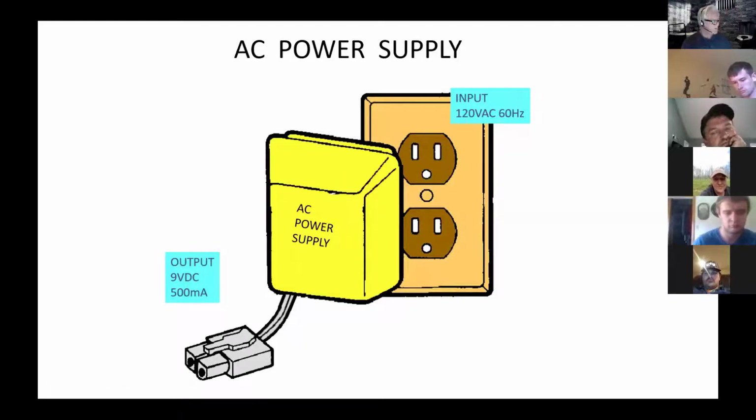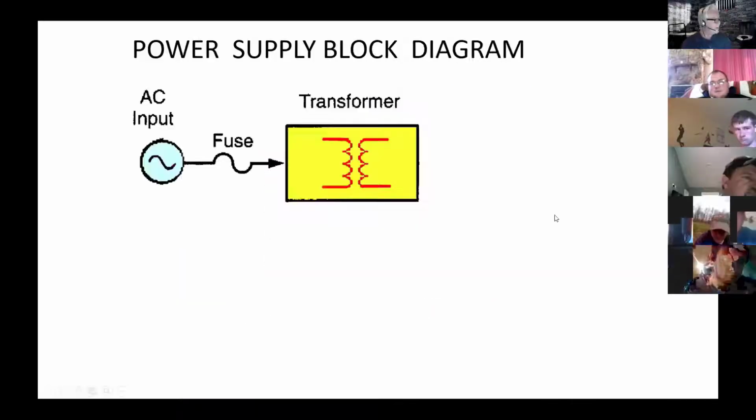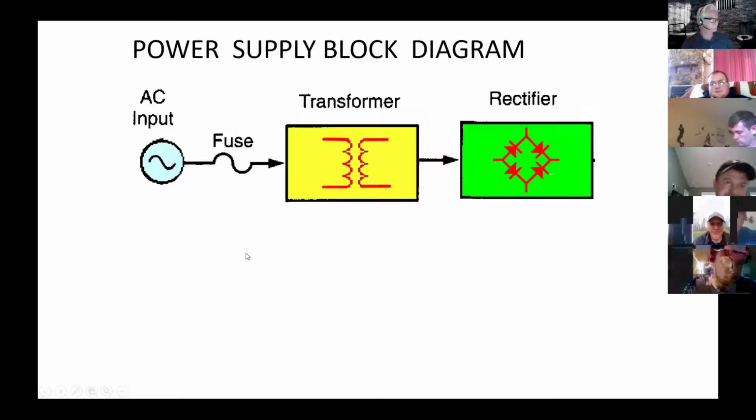So notice I've got 120 volts AC coming in, and I've got 9 volts DC coming out. For that to happen, what has to be inside of here that we've talked about? Rectifier. A rectifier converts AC to DC. And what else? Transformer. Step down transformer. Good. Thank you.